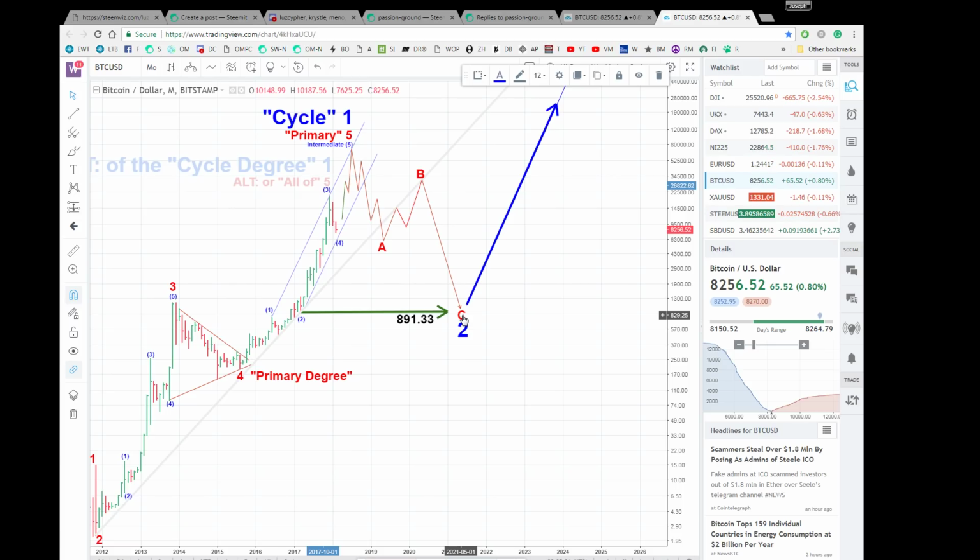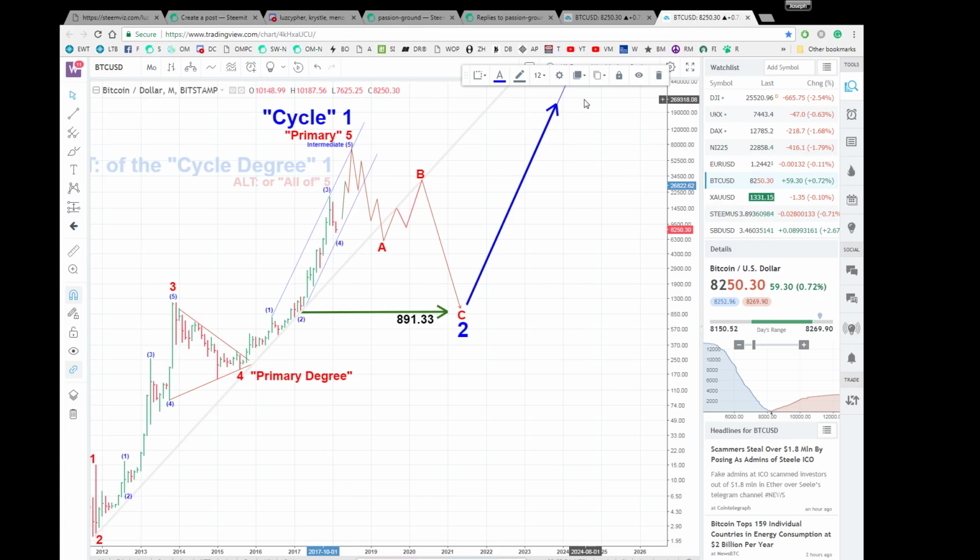Once the primary C wave down is completed, it would mark yet the larger degree of trend's second wave decline. So then you get wave 1, wave 2, and then wave 3 is going to be, you're off to the races. Look, wave 3 has got to go substantially higher than the 66,000 here.